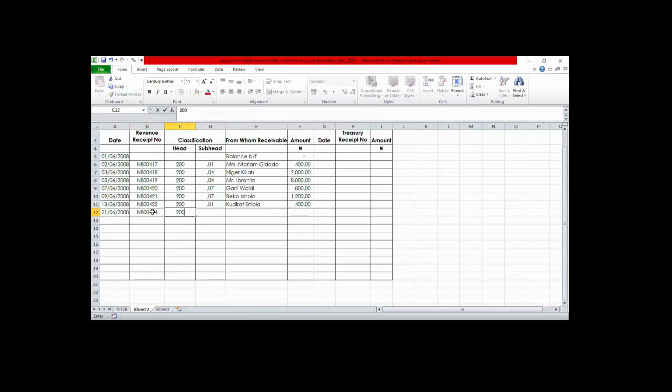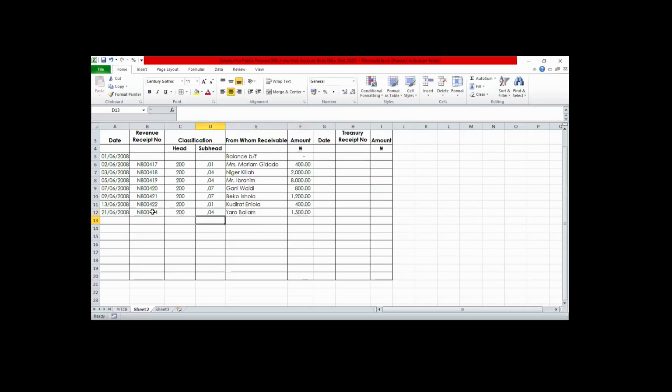Under the head of 200, who is the person and what does he pay for? Yaro Balam paid for court fine. What is the subhead code? 04. How much does he pay? 1,500.